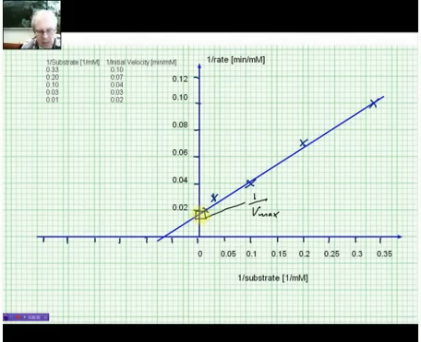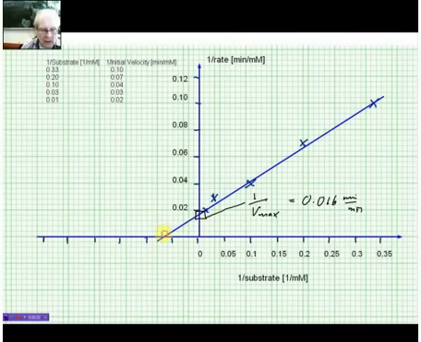It's probably 0.016 minutes per millimolar. And you see that's already the first problem with this kind of plot. It's not very easy to find these rather small numbers here.